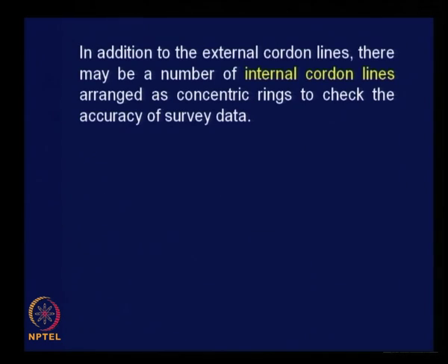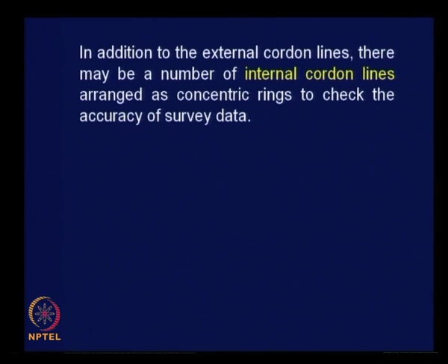See, when you have an external cordon line, we are going to differentiate trips made within the cordon line as well as trips made crossing the cordon line from one side to another side. And if you want to have a cross checking of data within your study area, you have more cordon lines within the external cordon line, one or two more cordon lines in approximately concentric ring form.